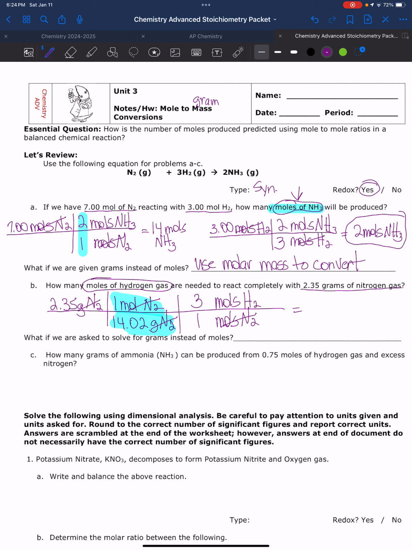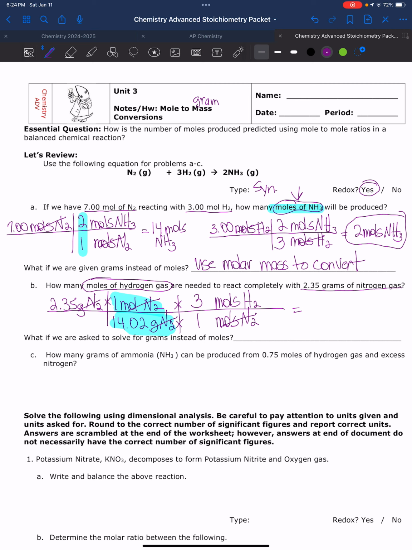The math of this says 2.35 times 1 times 3, over 14.02 times 1, and then divide the 2. If you're going to use your calculator and do it all in one big calculation, make sure you're using parentheses around your numerator and your denominator.